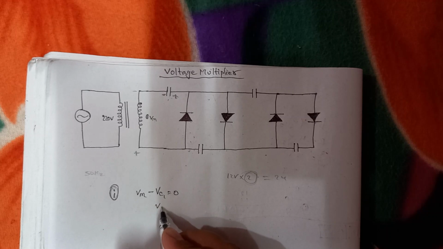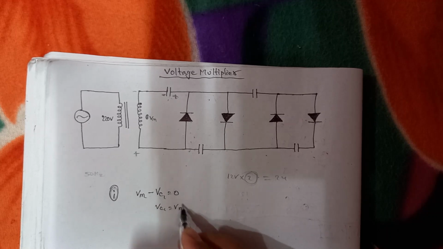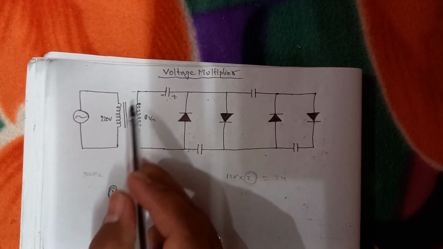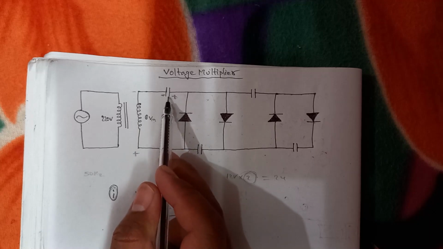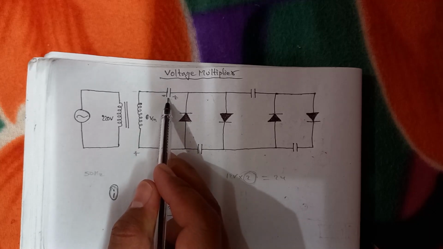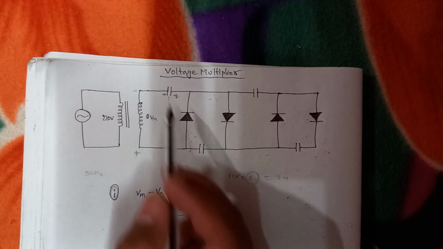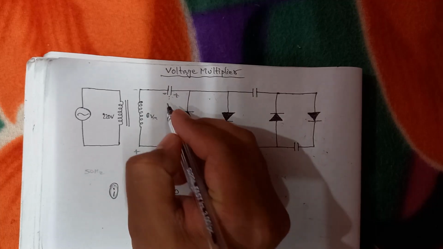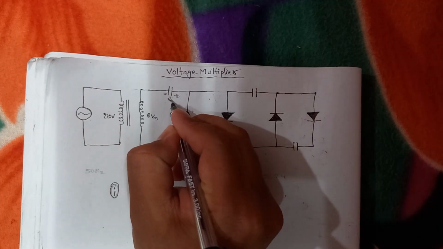Then Vc1 will be equal to Vm. Whatever voltage is coming over here, the same voltage will be dropped on this capacitor. So I can write here Vm.